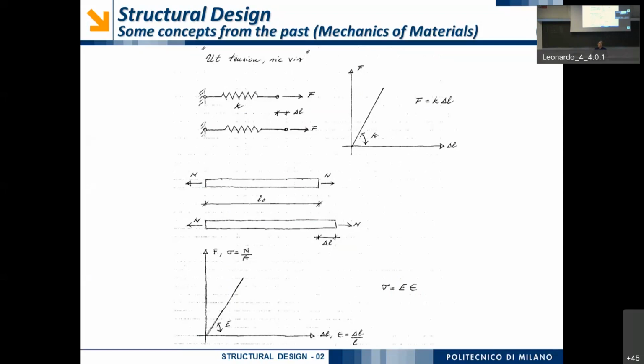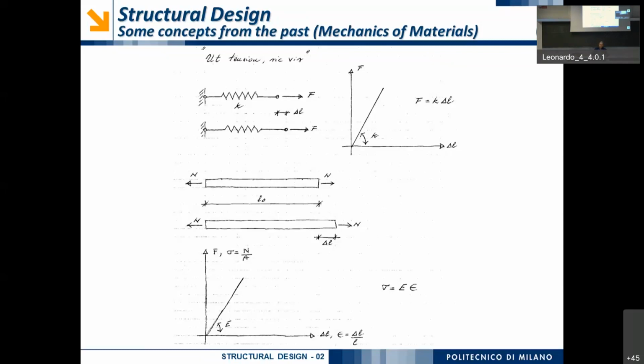the axial behavior, pure axial behavior, which is the simpler one, of course. We can recall what happens in axial loading by referring, for example, to a very simple spring, something like an elastic, okay? What happens?